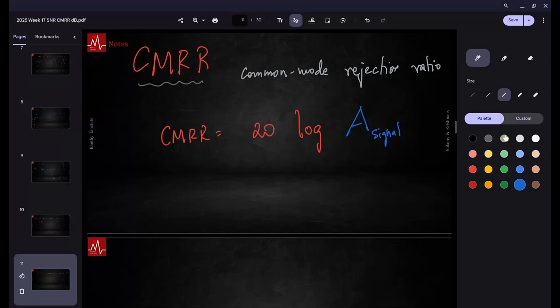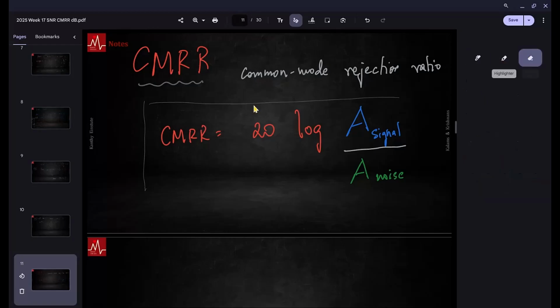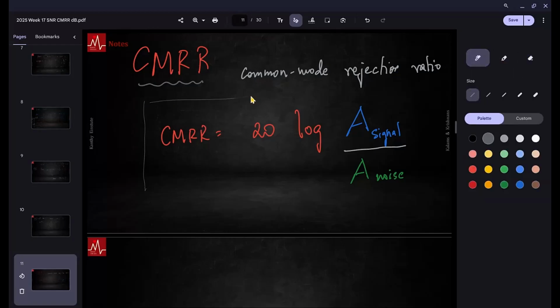If you are processing, your signal has a gain, it affects your signal, it affects your noise. And typically, the effect on signal and noise are different. Again, let me show you an example. Gain of noise. This is by definition CMRR.